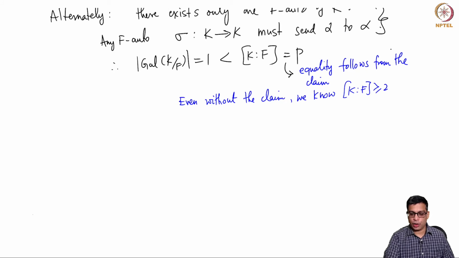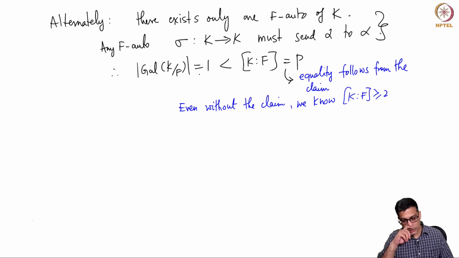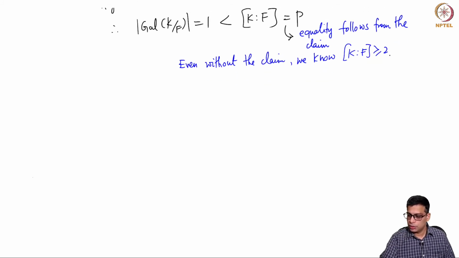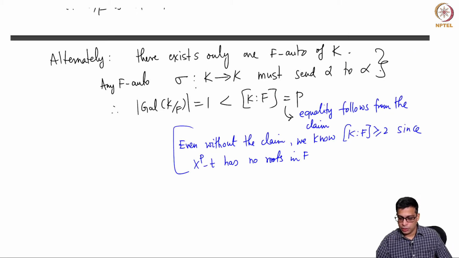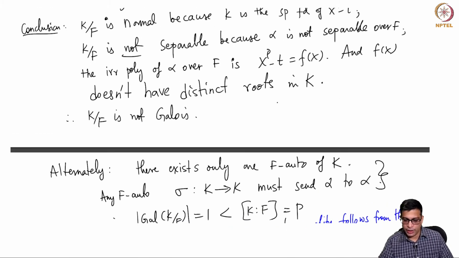So certainly we get a contradiction, because we get non-Galois because 1 is strictly less than 2. Since x to the p minus t has no roots in F, okay, so this has no roots in F, so the degree is at least 2. So the cardinality of the Galois group is strictly less than the degree, and hence it's not Galois.